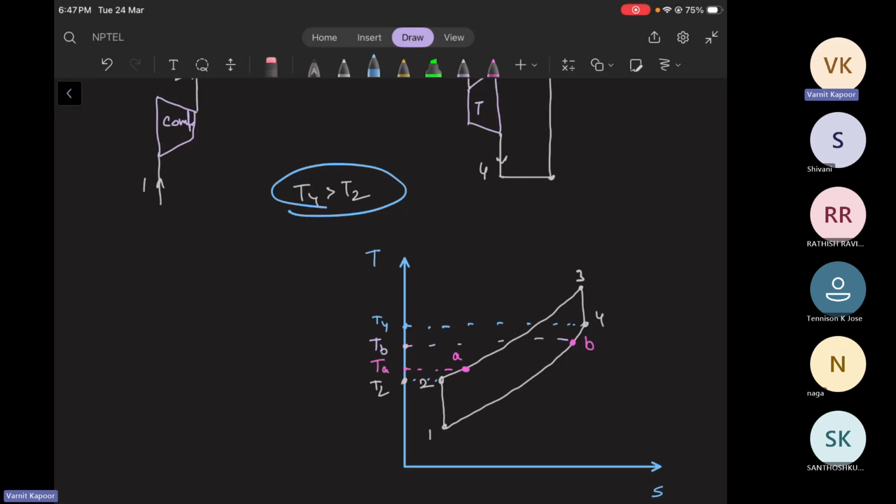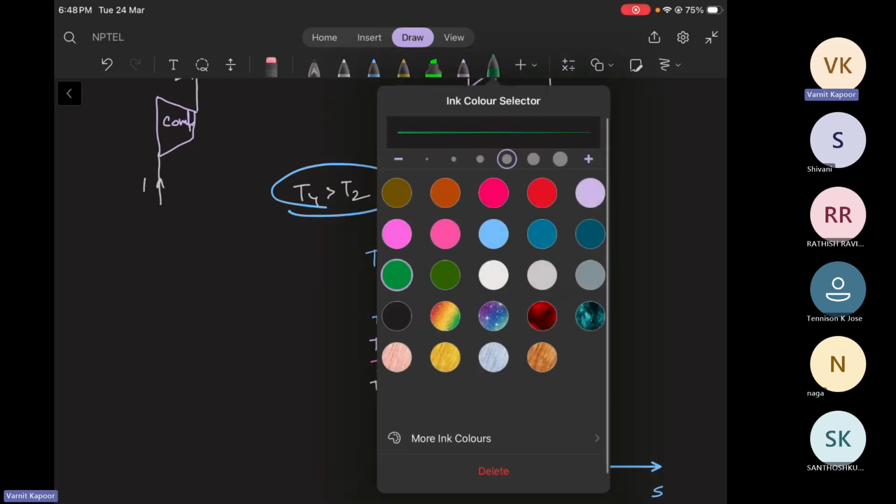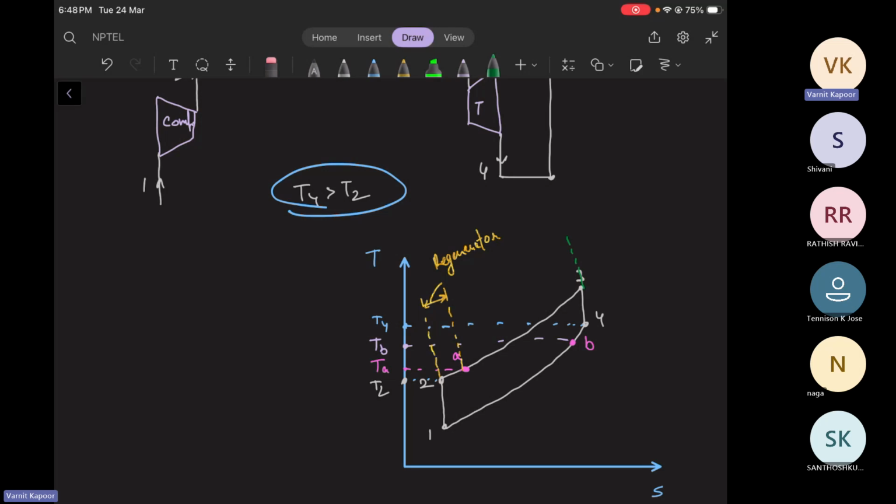The process from T2 to TA is the regenerator. And the remaining, A to 3, will be the combustion chamber. I hope this much is clear.